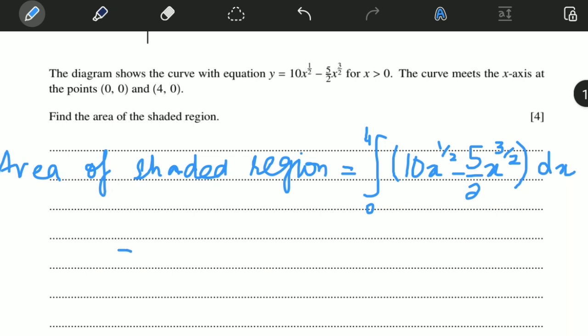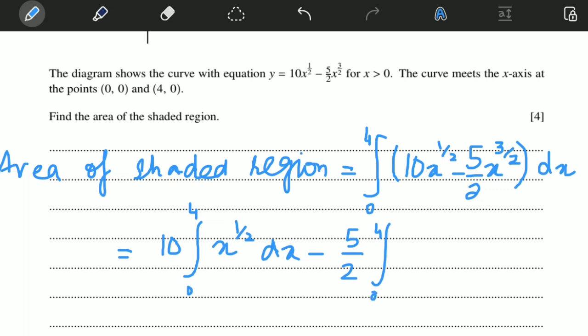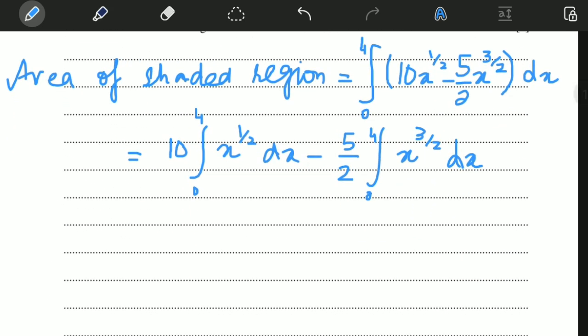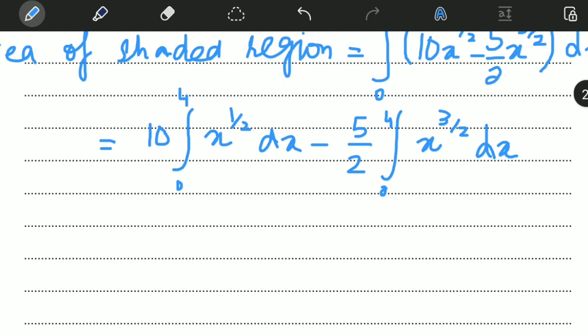Okay, so taking this 10 x to the power of 1 by 2 dx minus 5 by 2, I am separating the integration just to make it simple, because we have constant terms that we don't need to be multiplied during the integration. So that is why I'm doing this. You can do it as a whole as well.